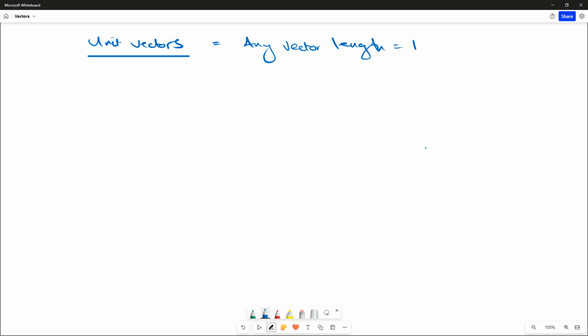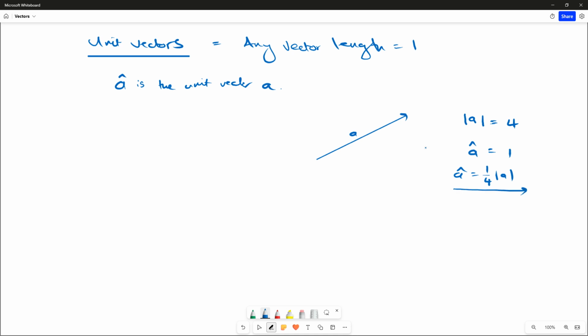The notation of a unit vector is this little hat, and that's the unit vector of A, of vector A. So in other words, if I have a vector over here, and I know that the magnitude of the vector is equal to 4, then the unit vector, which is always equal to 1, because by definition it has a magnitude of 1, is going to be a quarter of the magnitude of A, because a quarter of 4 is 1.